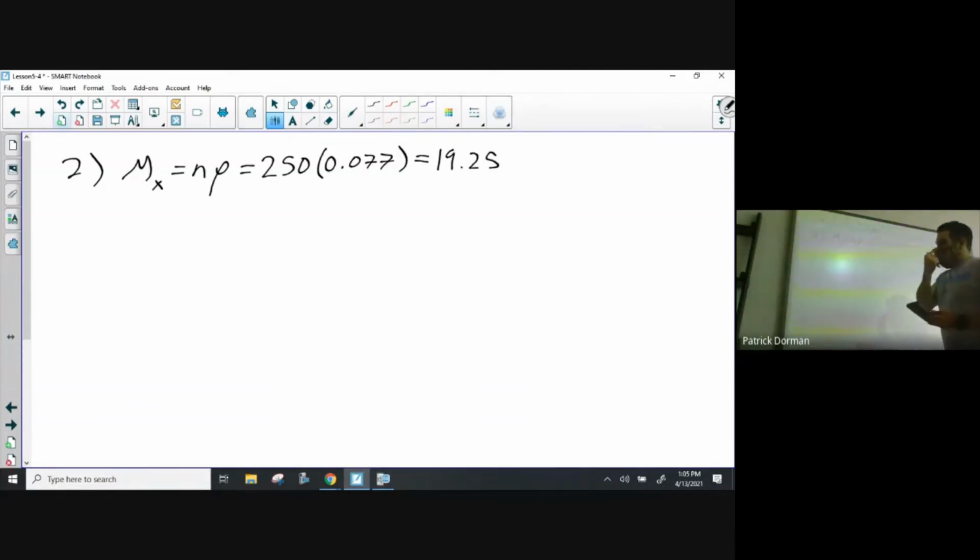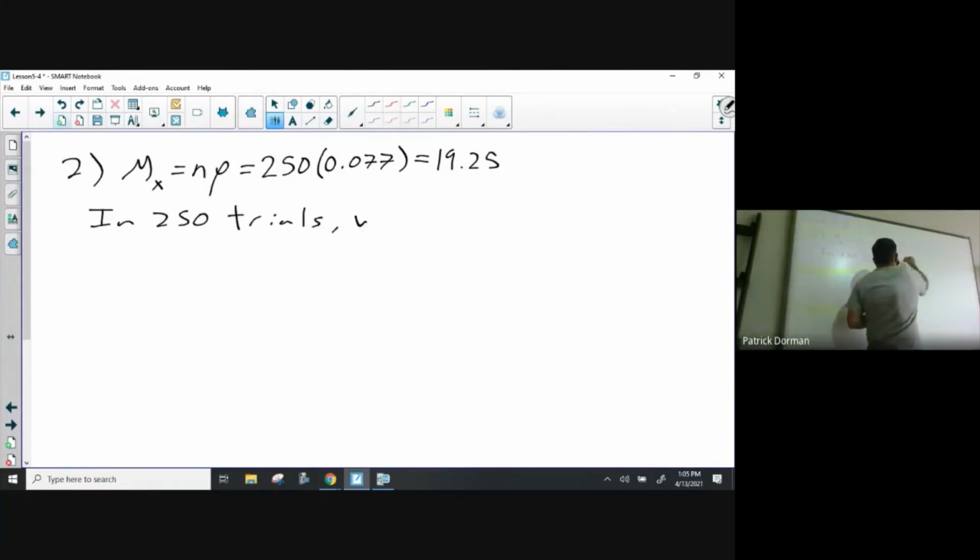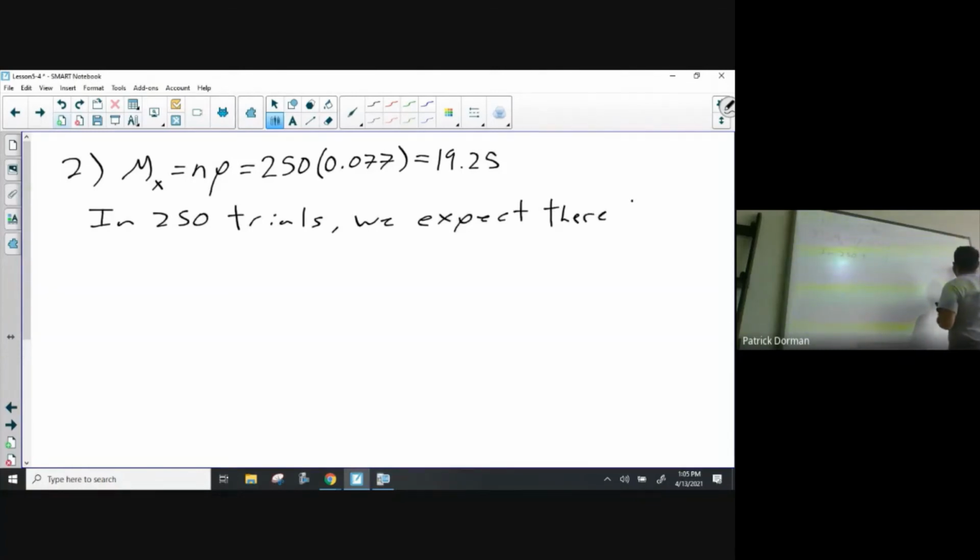That gives 19.25. We have to interpret this in context, though. So, in 250 trials, we expect there to be around 20 winners.